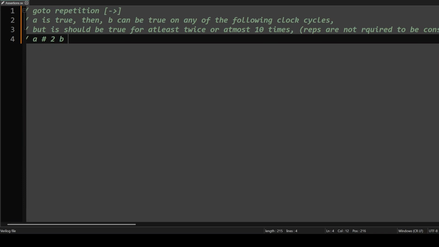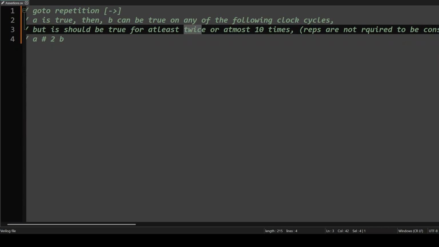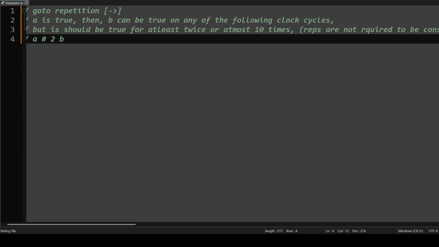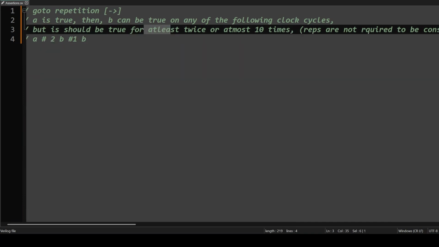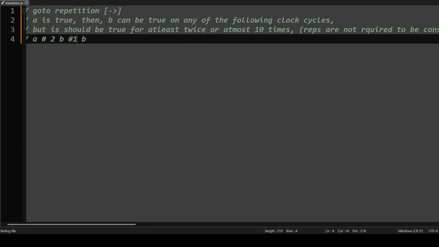Then when it follows the pattern that B should be true at least 2 times or at most 10 times, the assertions should not be consecutive, which basically means that B could be on the next clock cycle, which satisfies the minimum condition of at least 2 times, or it could be true in that 10th clock cycle. It does not matter. The threads will keep getting generated and it will keep detecting for the patterns.